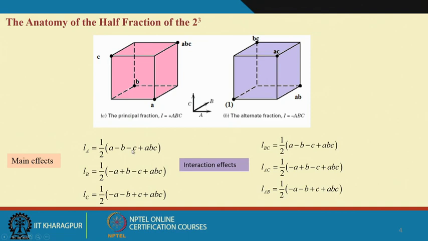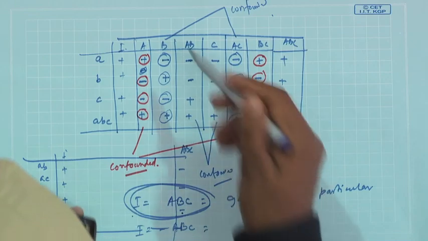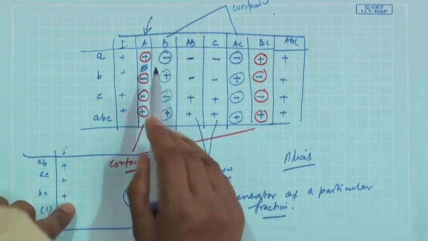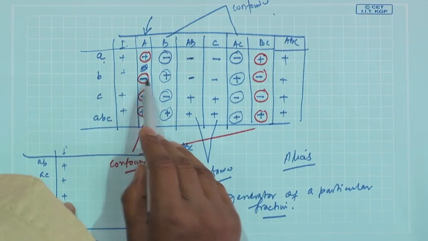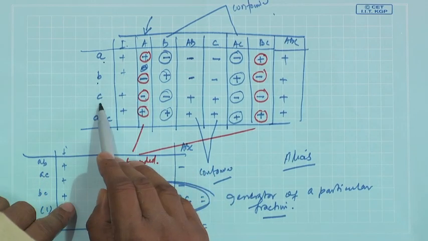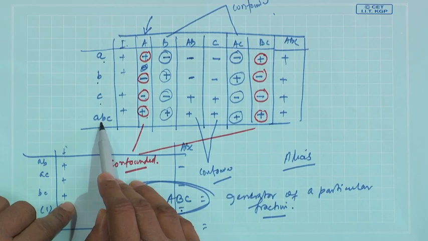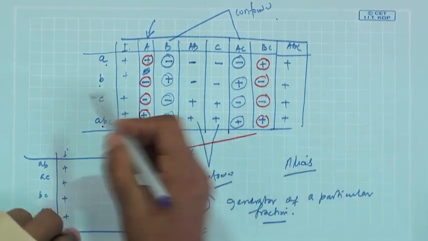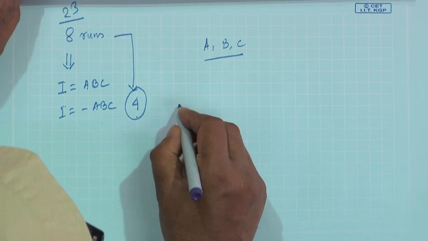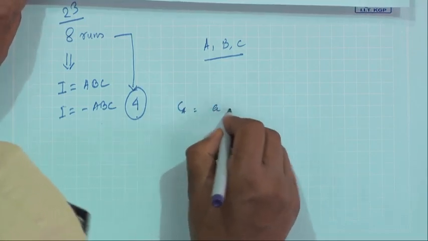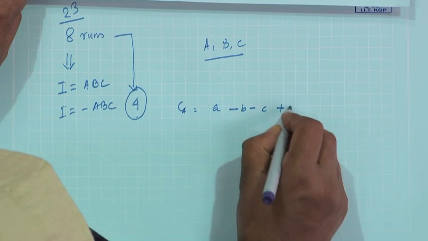Now, A minus B minus C plus ABC is the contrast for A as well as BC. What will be the contrast for A? This into this is A, this into this is minus B, this into this is minus C, this into this is ABC. So your contrast for A is A minus B minus C plus ABC.